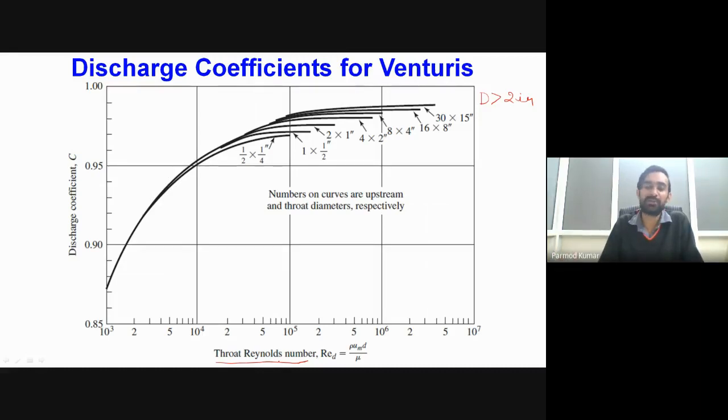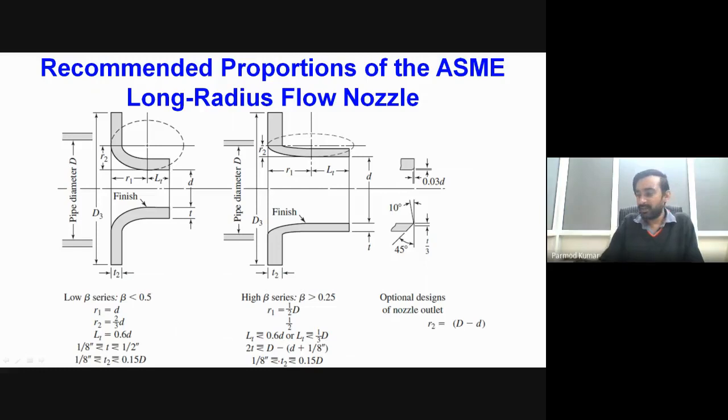So for accurate measurements, what you can do, you can just calibrate the device with some existing standard which is available, and based on that you can determine the discharge coefficient for your own device, and then you can employ that for measurement of the flow rate. Okay. After that we are having designs of nozzles. So what I will do now, I will stop at this point and then we will continue our discussion in the next lecture on remaining topics.